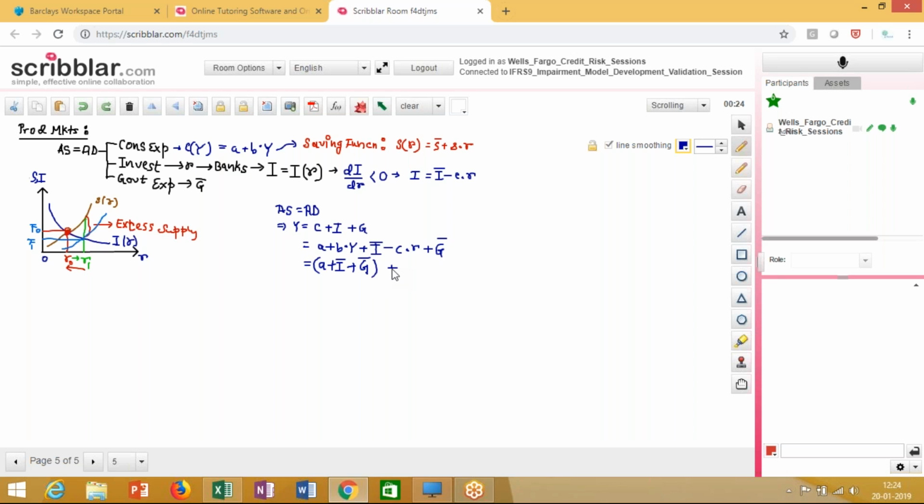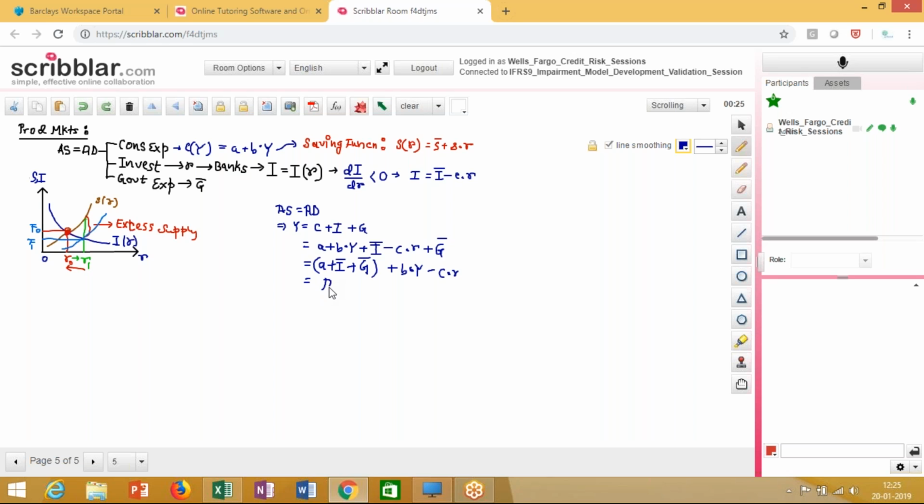Then what I have over here is B into Y. The symbols over here are not really important for us. What is important for us is to understand the relationship between the rate of interest and the output, right? That's what we want to understand.